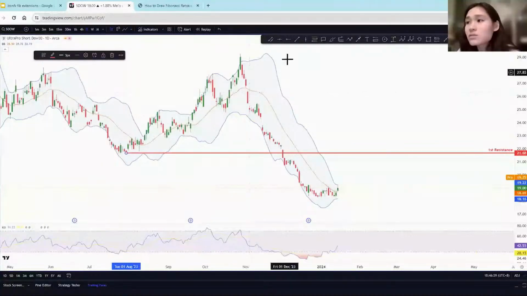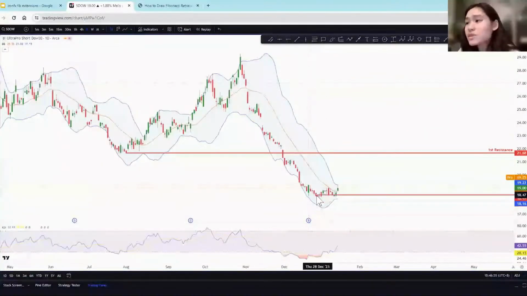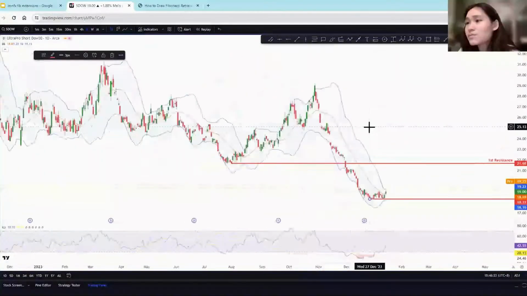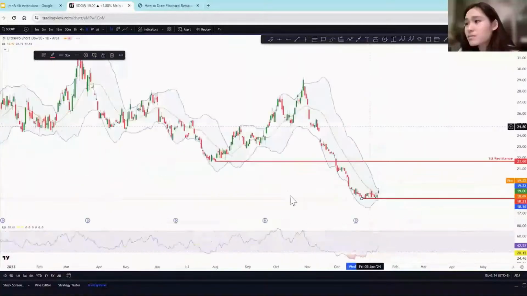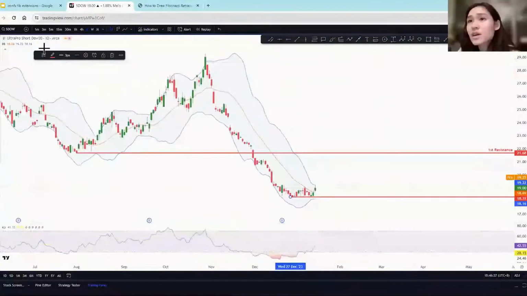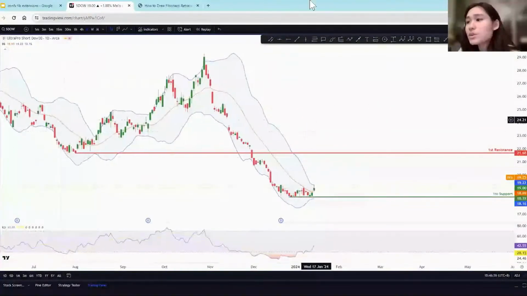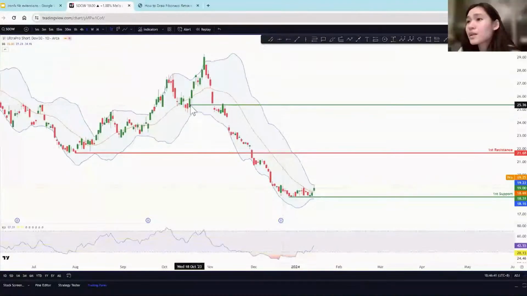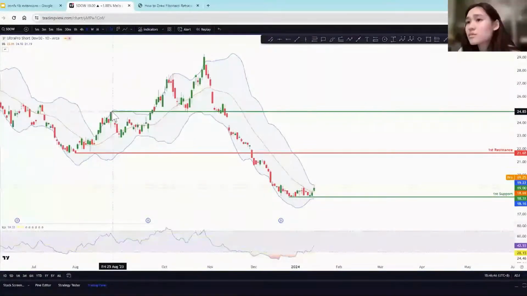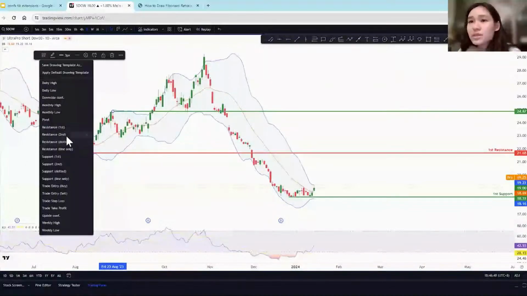So here's our first resistance. Here's our first support. And here's our second resistance.